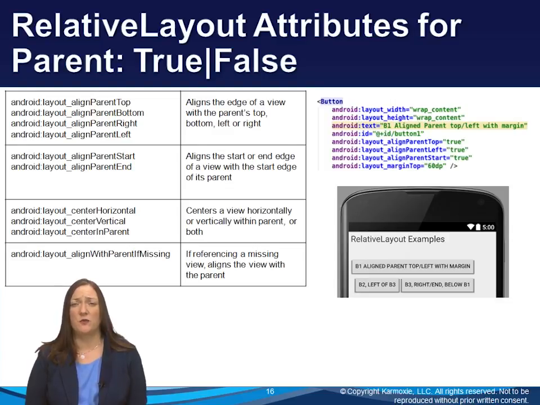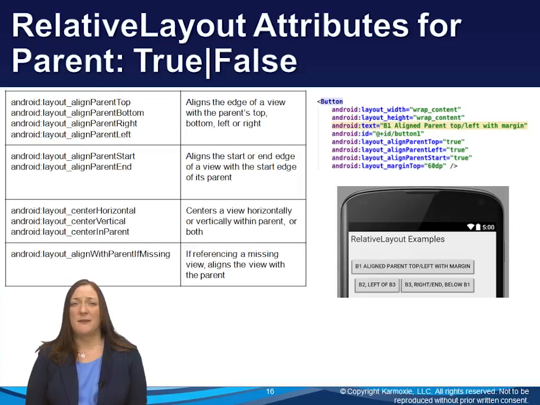First of all, if you want to position something relative to the parent, we are going to set these attributes and they're going to take on a value of true or false. So notice we have in the first box align parent top, parent bottom, parent right, and parent left. Again, you would just indicate a true-false value if you would want to work with these, and it will take the item that you're positioning and align it with the parent.